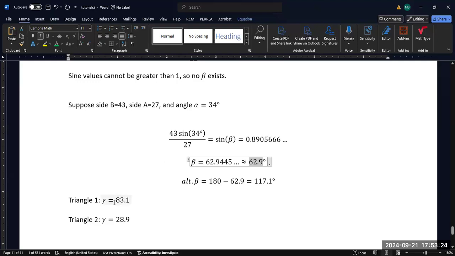longest side, and the side across from gamma will be the longest side. But I can come up with a triangle where beta is the biggest angle and B is the longest side.